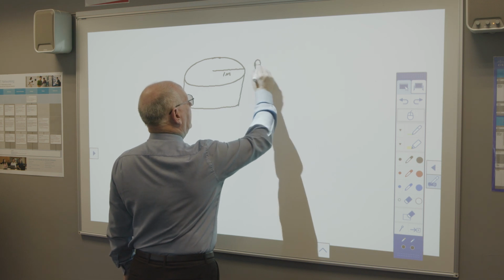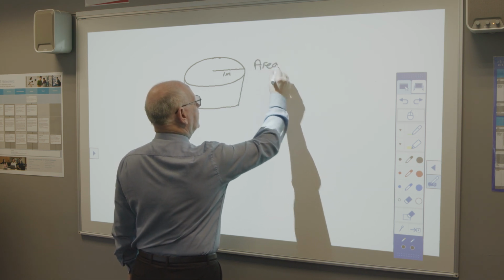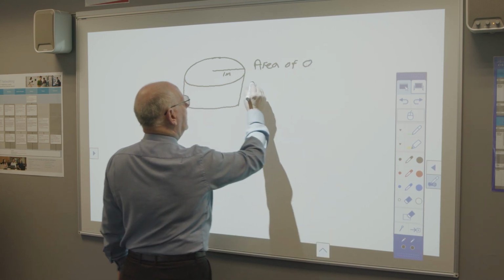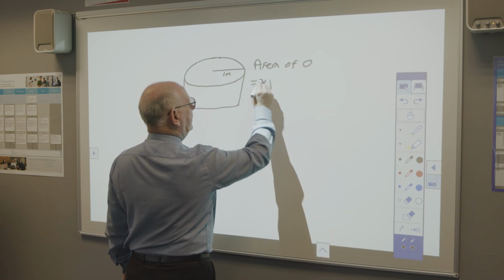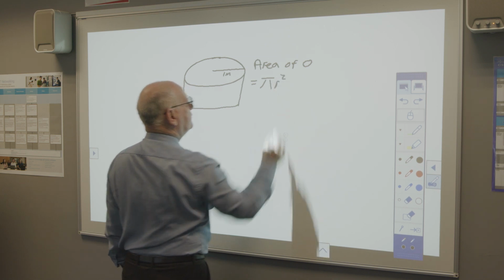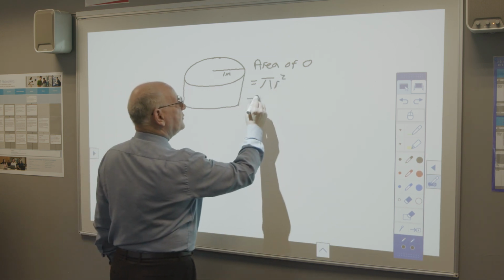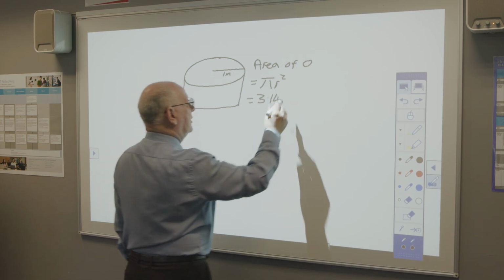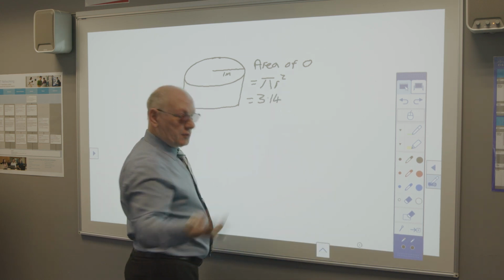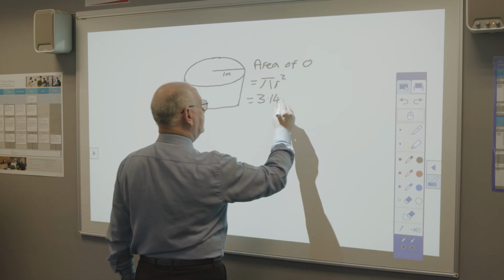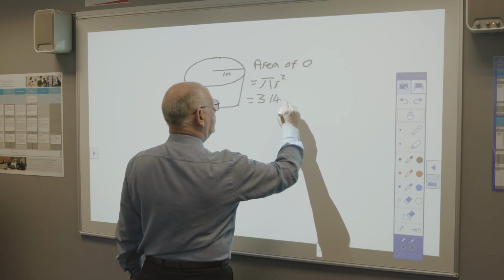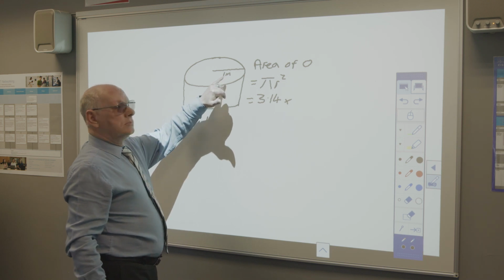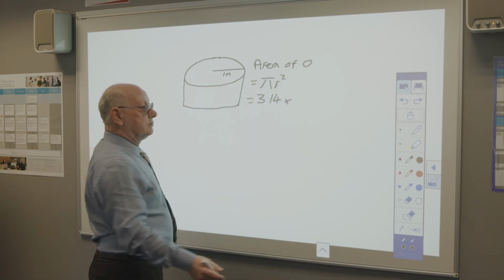We need the area of the top first. And that's pi r squared, if you remember from the previous video. 3.14 for the sake of these videos, because that's what they're telling you to use in your exam, times radius, which is 1, squared.